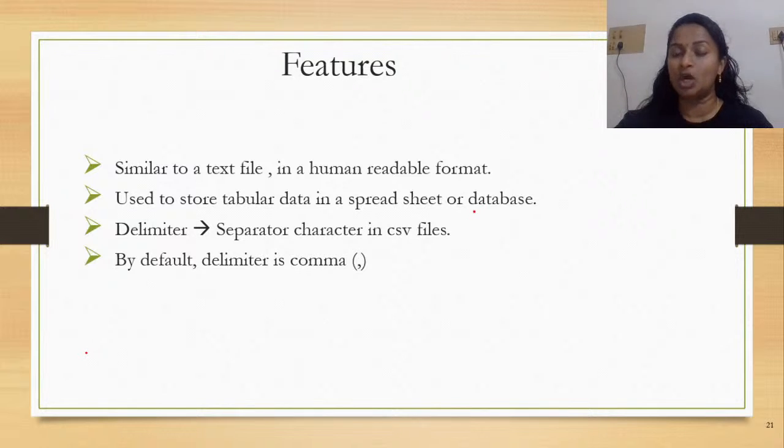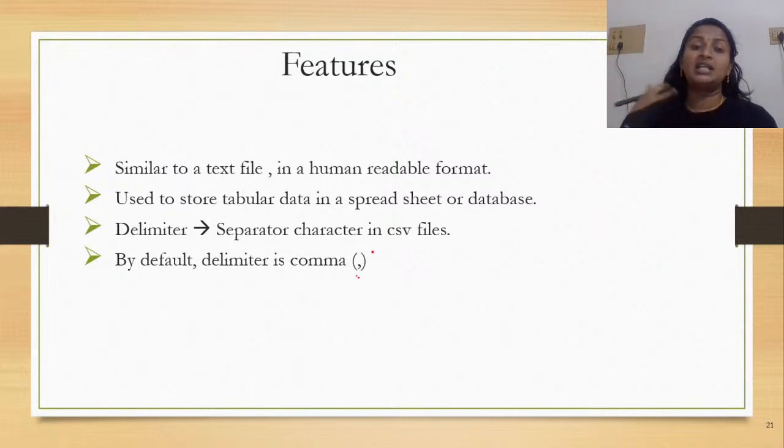Now all these things we already saw in the definition. What is a delimiter? A delimiter is the separator character used in CSV files, and by default the delimiter used here is the comma, and hence the name CSV, or comma separated values. Is the idea clear? The separator character used for separating the different chunks of data, or the different data values, is called a delimiter, and the default delimiter is comma.